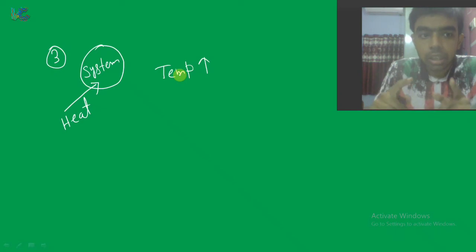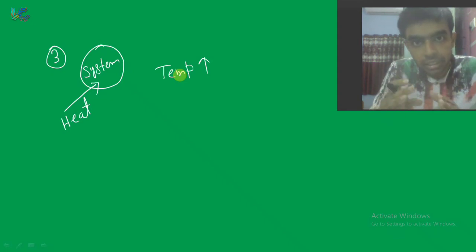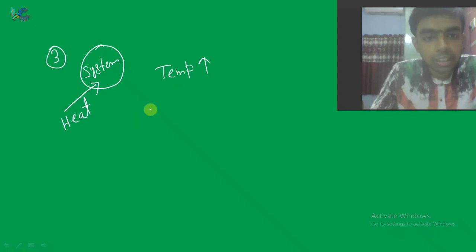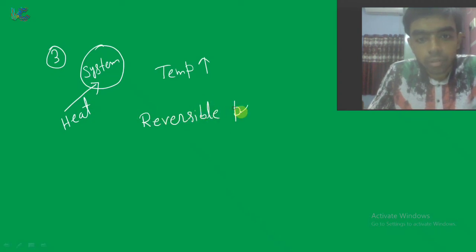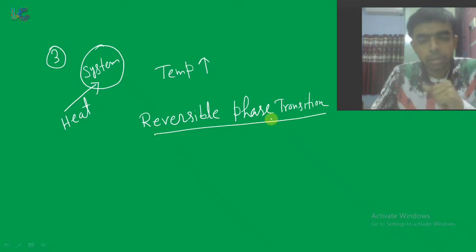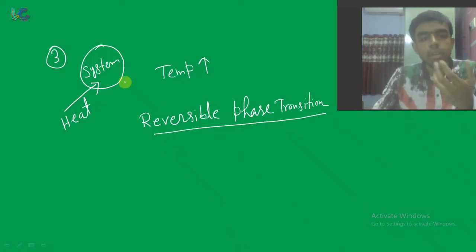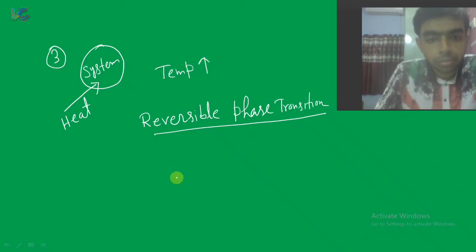This is a normal case, but there is an exception to it, and the exception is in case of reversible phase transition. In case of reversible phase transition, when heat is given to a system, the temperature rise does not take place.